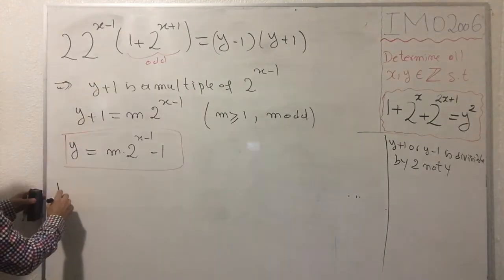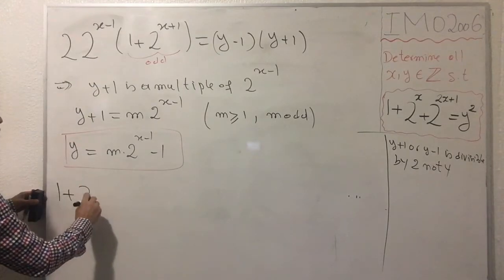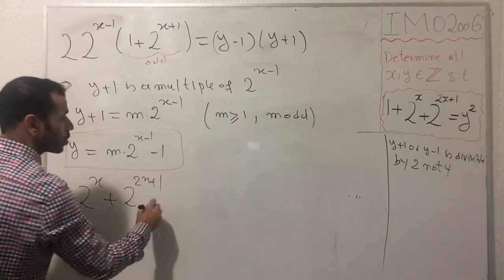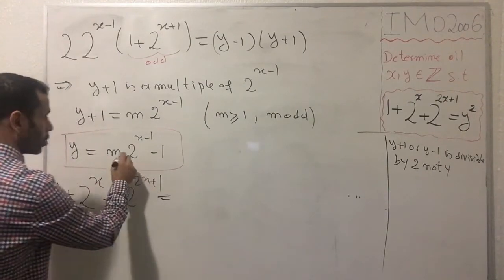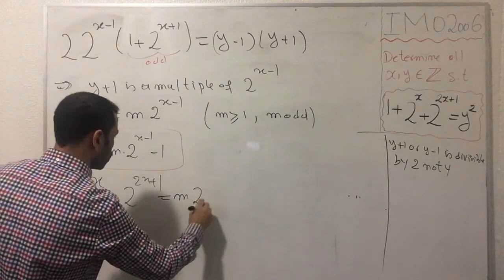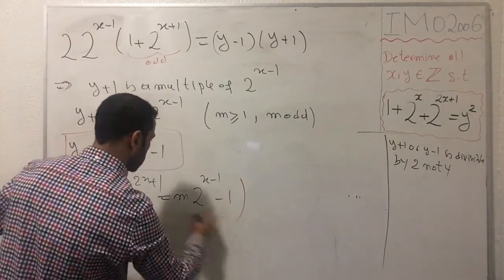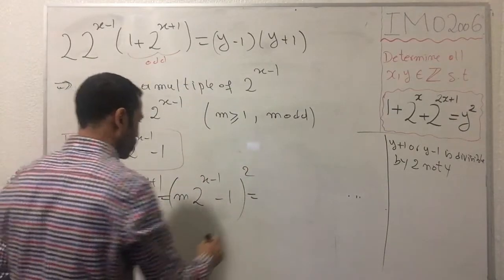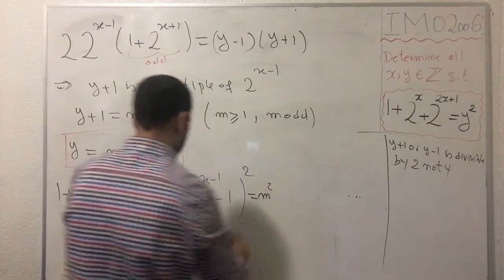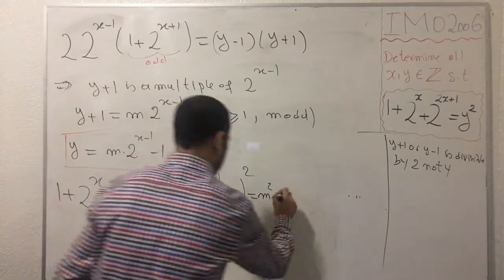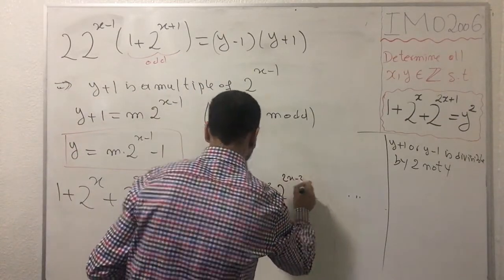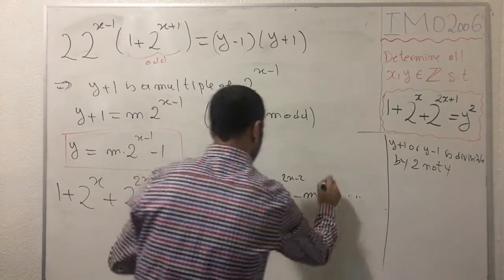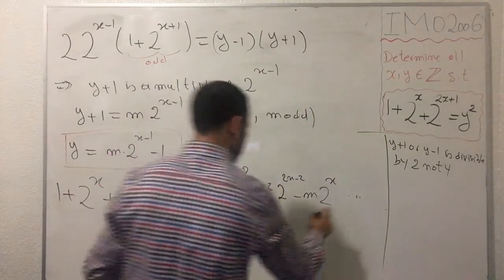So we have 1 plus 2 to the x plus 2 to the x plus 1 equal to m times 2 to the x minus 1, quantity squared. I'm going to solve this one. This one gives me m squared, times the square of 2 to the x minus 2, plus 1.